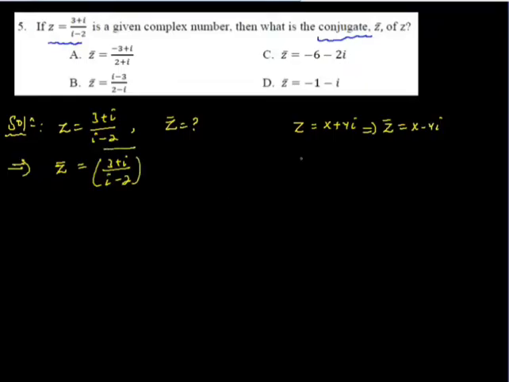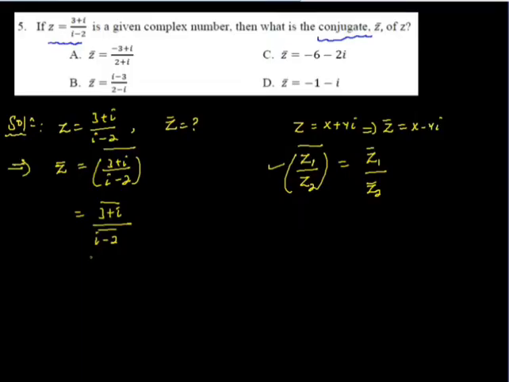From the properties, if we have a ratio of two complex numbers, the conjugate of the ratio is given by z1 conjugate over z2 conjugate. So we will apply this property. So here it becomes 3 plus i conjugate over i minus 2 conjugate.